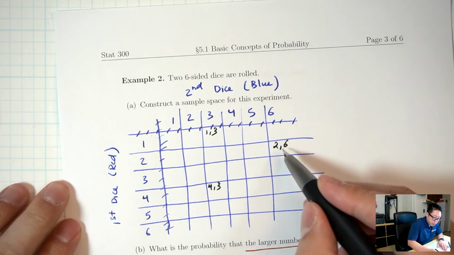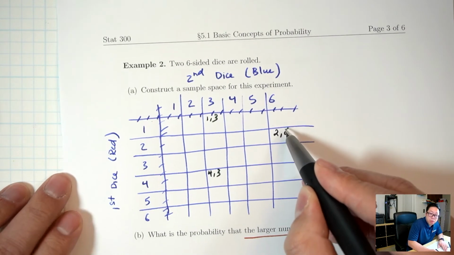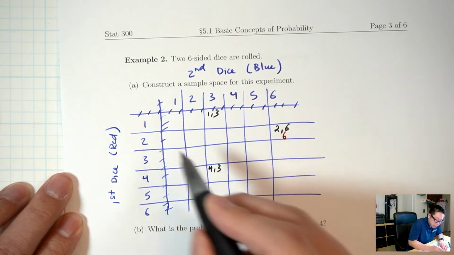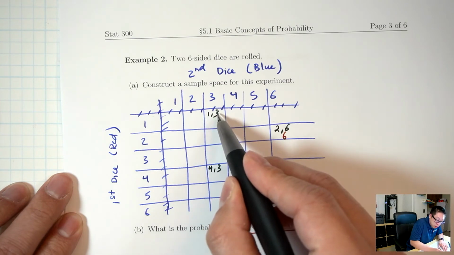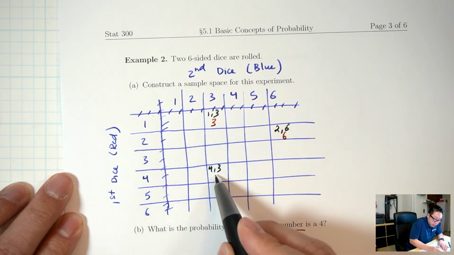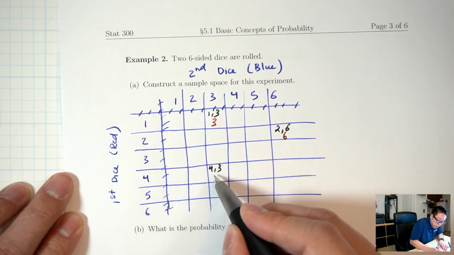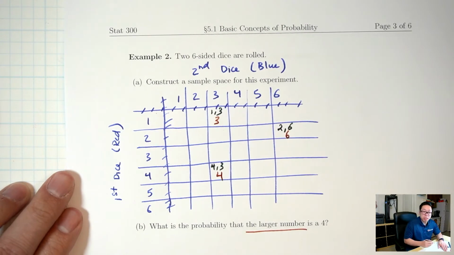For example, here is a 2 on the first dice, a 6 on the second dice, so the larger number would be 6. Here, 1 on the first dice, 3 on the second dice, so the larger number will be 3. Here, 4 on the first dice, 3 on the second dice, the larger number would be 4. I'm going to go through and list out the larger number in each case.